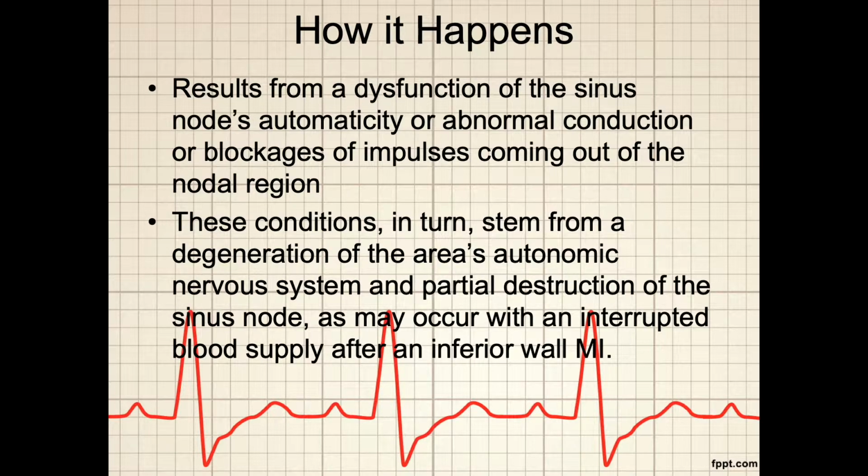These conditions, in turn, stem from a degeneration of the area's autonomic nervous system and partial destruction of the sinus node, as may occur with an interrupted blood supply from an event such as an anterior wall myocardial infarction.